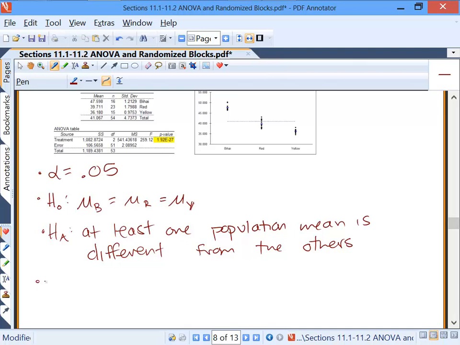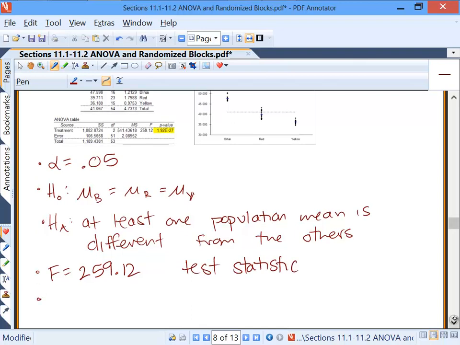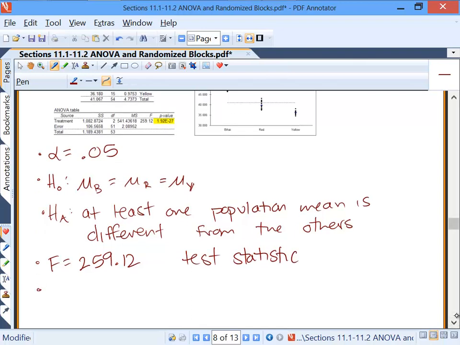The next step is always going to be to find our test statistic. So what is my test statistic for this situation? Just look at the table and it is 259.12. That is a big test statistic. If I saw one that big, I probably wouldn't even need to look at the table to know that it's going to have a really small p-value.